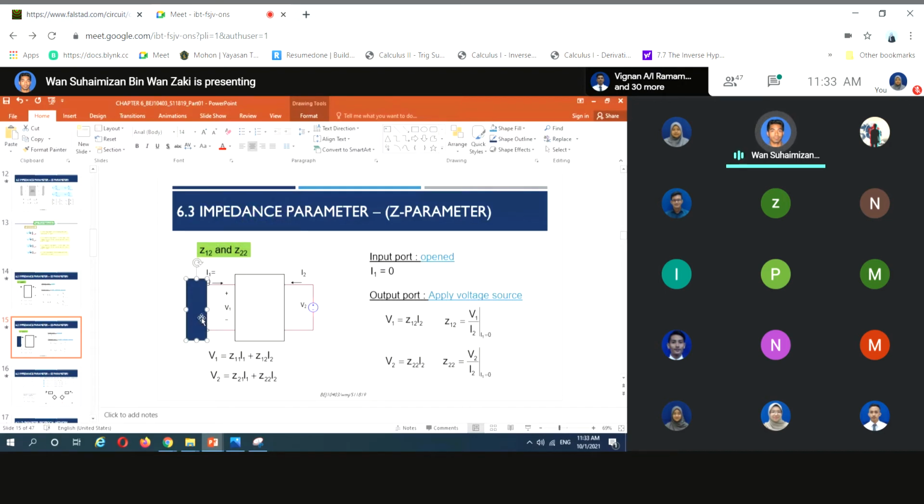Suppose this one is set to be 0. All right, so you need to set like this.